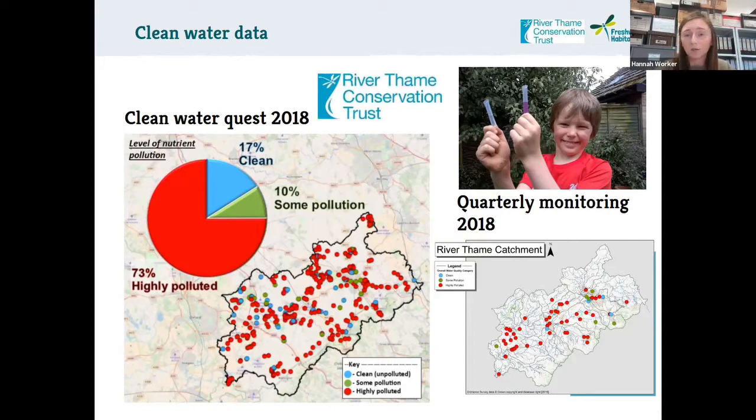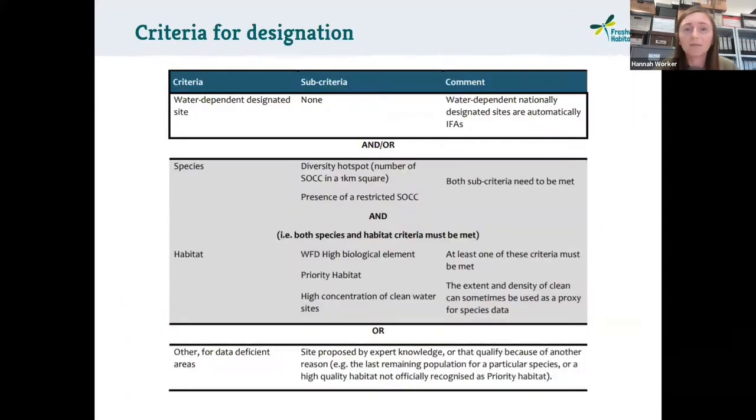This data is collected by the Riverton Conservation Trust, using little quick kits that you can see in this picture here. They measure nitrate and phosphate, and they're really rapid, so it's quite rough and ready, but it does allow you to look across the landscape where you've got clean and polluted water. So if you do have water quality data, it can be quite nice to add that in. But that's sometimes quite a luxury to have at the landscape level.